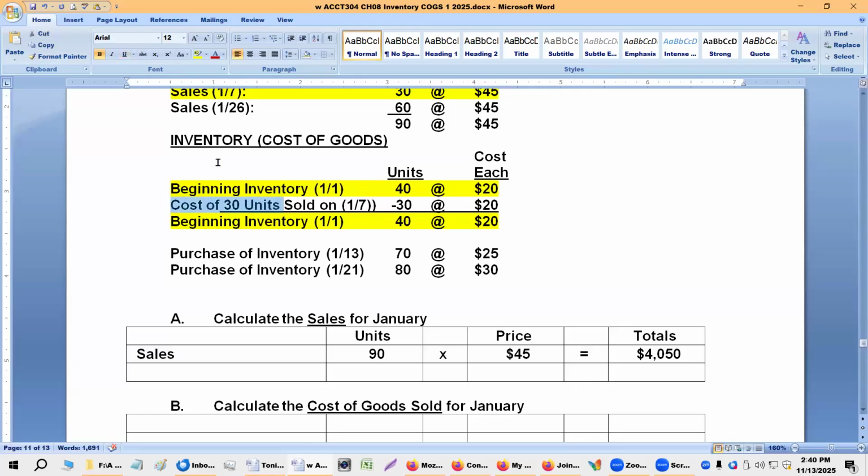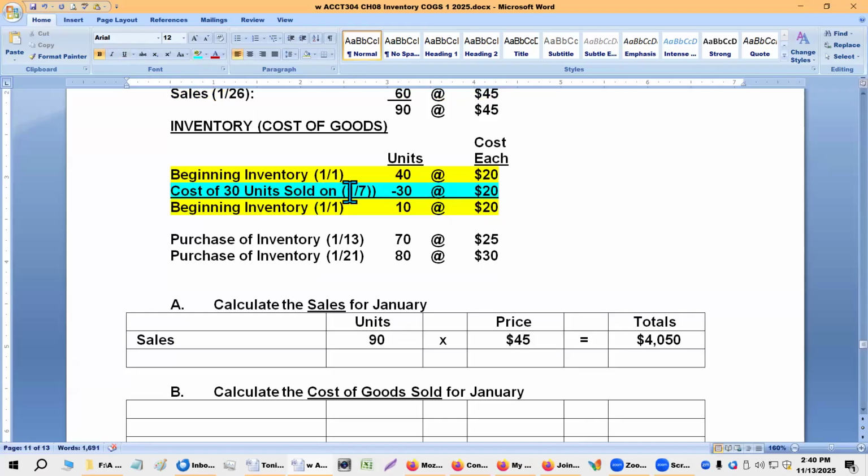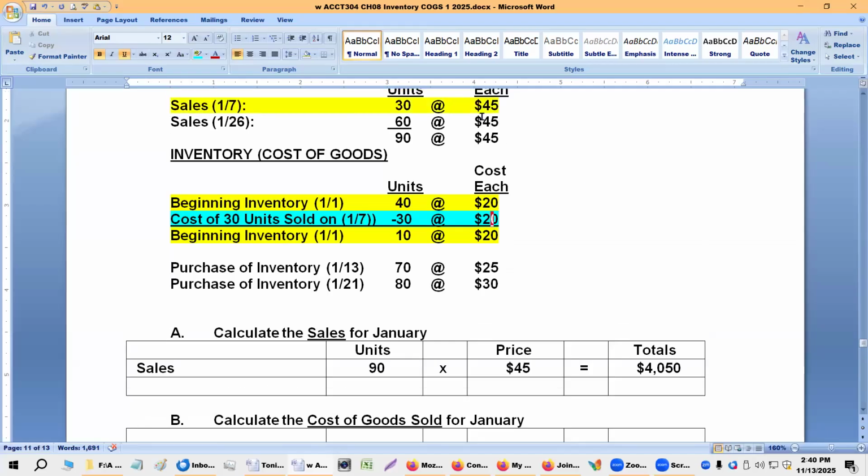You are absolutely right. Let's make those turquoise so we know they are different from the other ones. And there's 10 left. So from that beginning inventory, we sold 20 of them. So this will be in our cost of goods sold, 30 at 20. That's what our cost was for them. We sold them for 45. Our cost is 20, so whatever that came out to be.